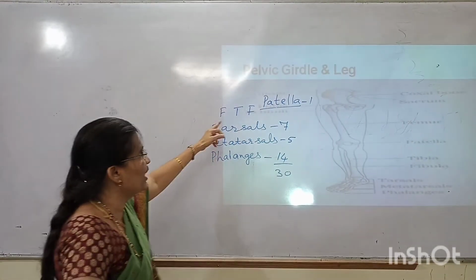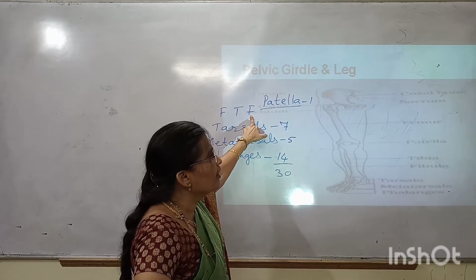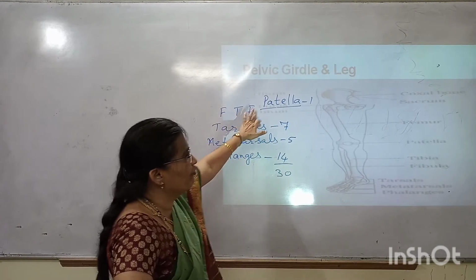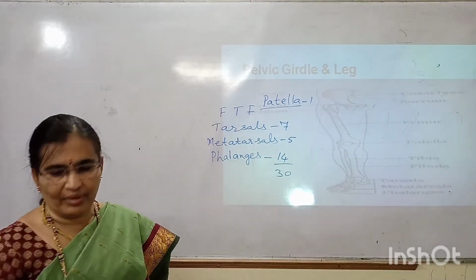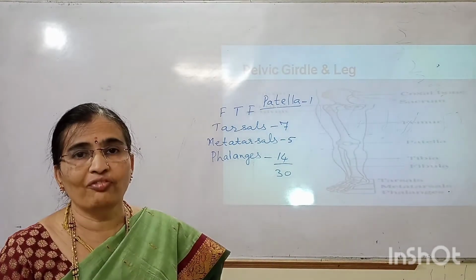Femur, tibia and fibula are all 1 in number. So this is regarding the bones of legs.